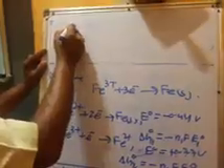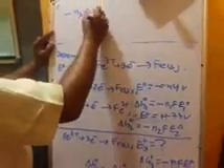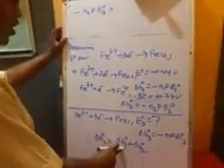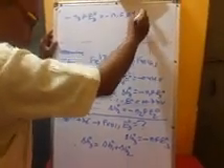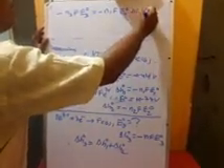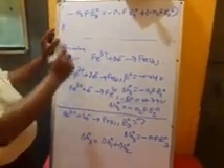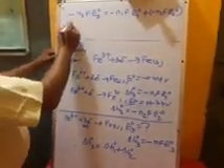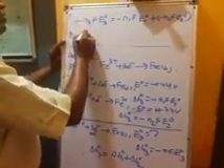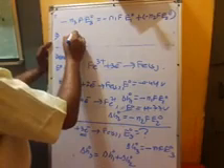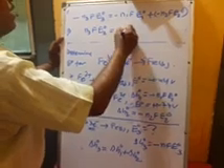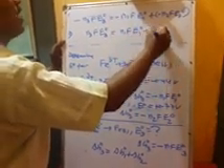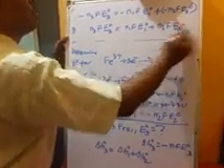Now n3FE3° is equal to ΔG1°, which is −n1FE1°, plus −n2FE2°. Here n3 is 3 electrons. Taking the minus common, you get n3FE3° = n1FE1° + n2FE2°.